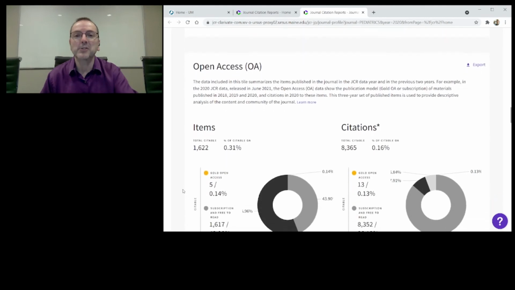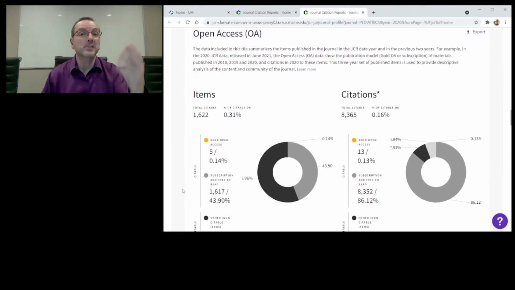Then some kind of interesting information here. If you're someone interested in open access, it just gives you some data on how accessible the information is, and it's graphing it based on whether it is open or a subscription service.